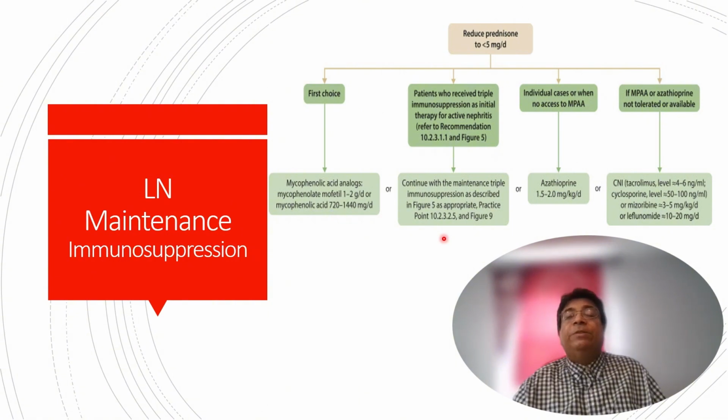And voclosporin is generally continued for about 2 years. In some cases, azathioprine may be appropriate, especially if they have GI intolerance to mycophenolate or other reasons. And then if you can't use mycophenolate or azathioprine, then you can maintain with the calcineurin inhibitor alone.